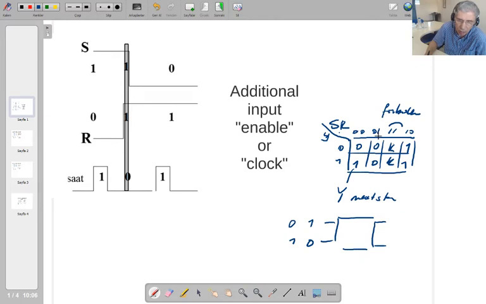But when we apply these two inputs one after the other, S value is going to change from 1 to 0, and R value is going to change from 0 to 1. So you cannot change those two inputs at the same time. That's something impossible.